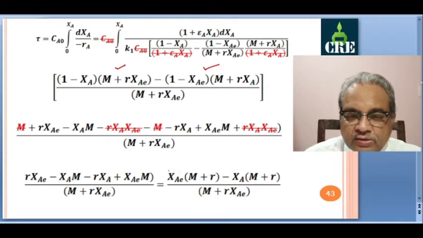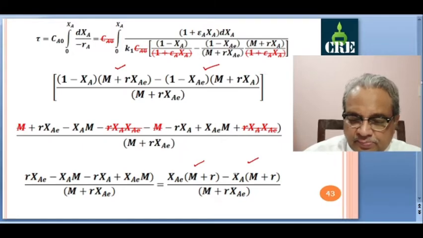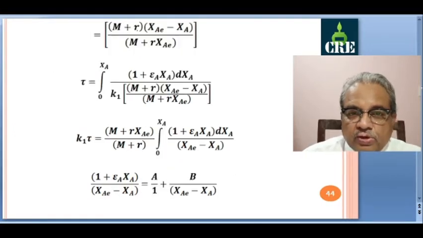I am taking xae common from here, m plus r. Then xa, if I take outside, I am left with m plus r. So m plus r we are taking common, and in the second bracket we will get xae minus xa. M plus r (xae minus xa), and in the denominator we have this term m plus r xae.